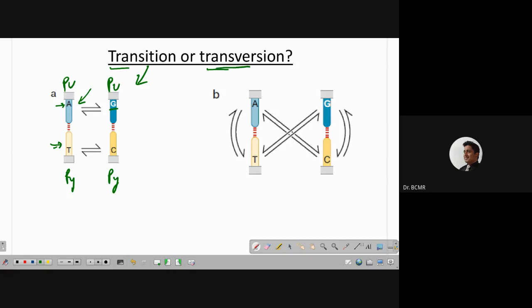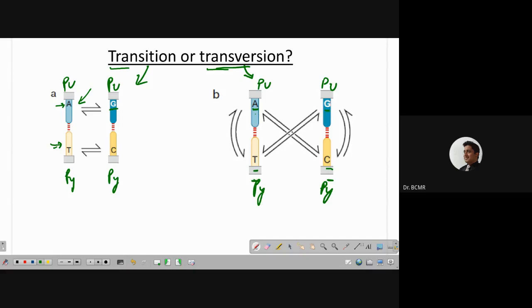Similarly, transversions, except here a purine. Adenine is a purine, and guanine is also a purine. And if A is replaced with C or T, then it is a transversion, right? Because thymine is a pyrimidine and cytosine is also a pyrimidine.